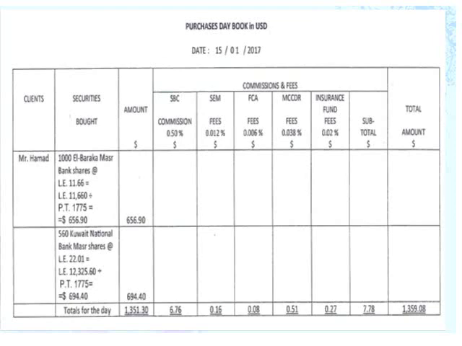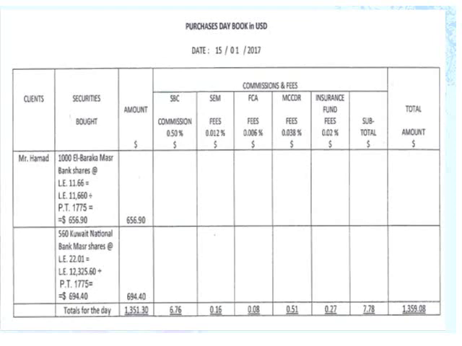The price per share was 11.66, as given before, and the result of the multiplication is divided by the exchange rate, which is 1775, giving $656.9. We record this amount under the column of amount.